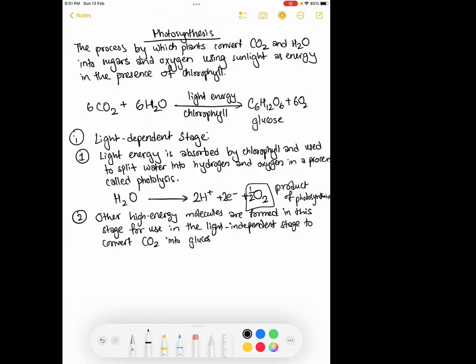Now, this conversion of carbon dioxide into glucose happens in the light independent stage. So this stage is over right here. I think that's clear.